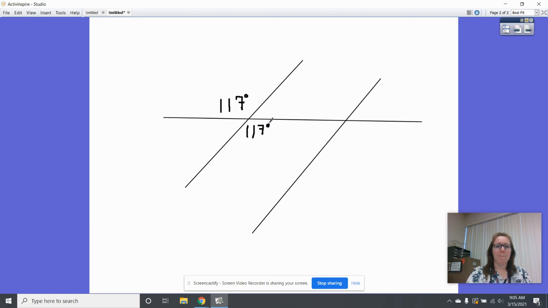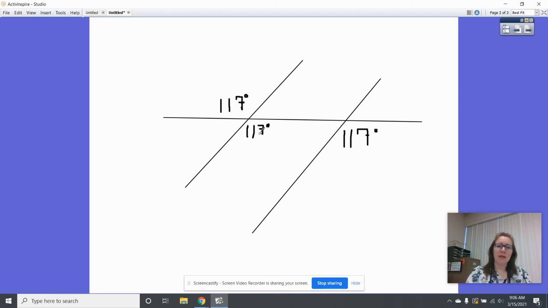Well, now this is the outside or the exterior of my parallel line, so I'm going to go to the other parallel line on the outside, but it can't be the same side of the transversal. It has to be the other side of the transversal. These are called alternate exterior angles, and they are congruent, so I know that this is 117 degrees as well. Well, I have this interior angle. See, it's inside, in between the two parallel lines.